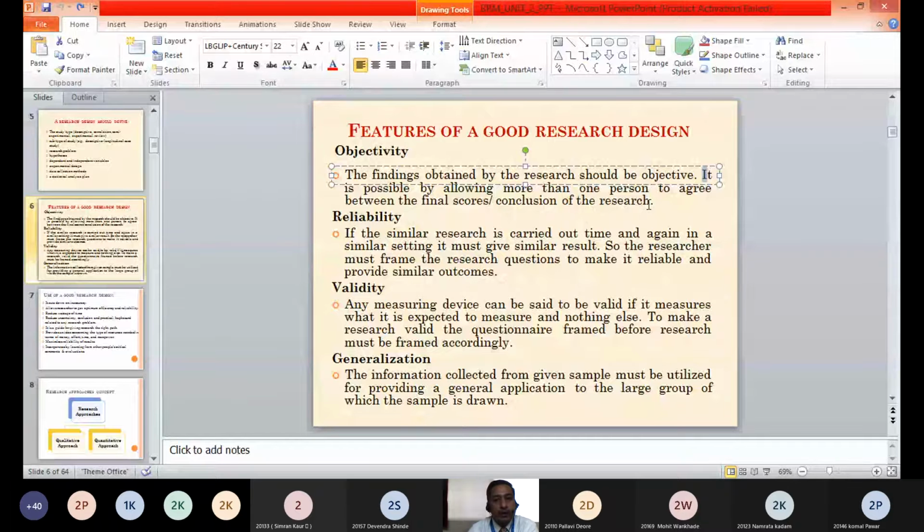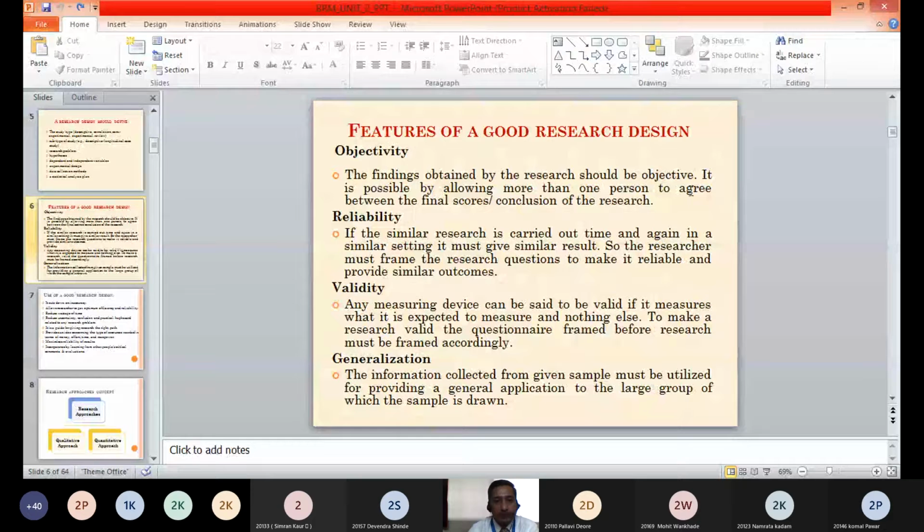Everyone who is going through or reading that particular research should agree about whatever conclusions or final scores are obtained. There should not be any bias or favoritism while having the findings.